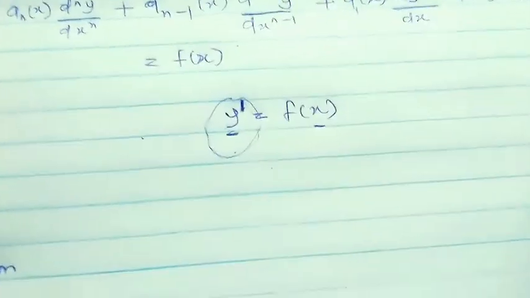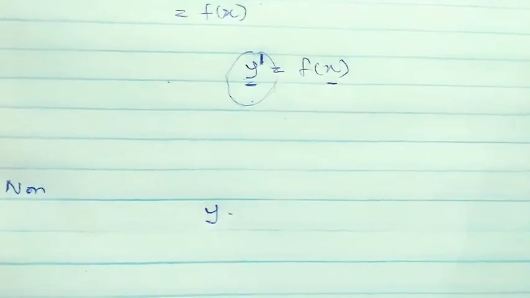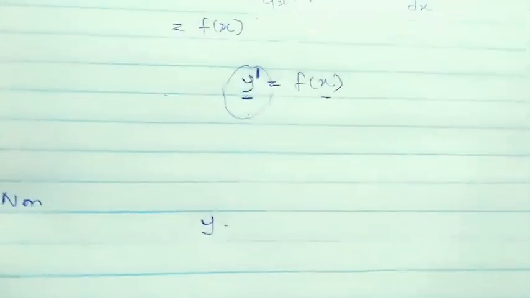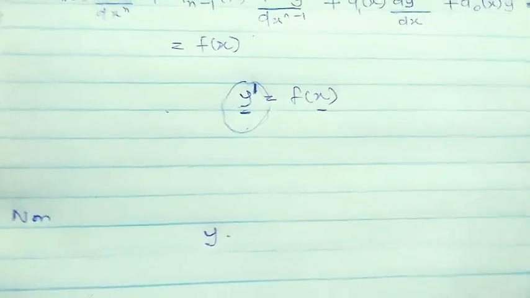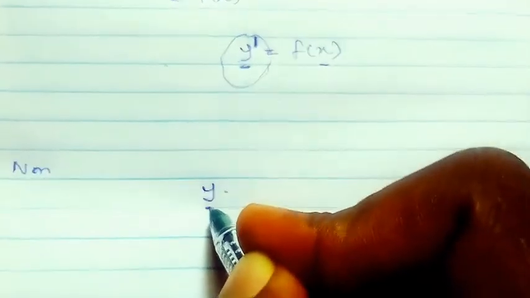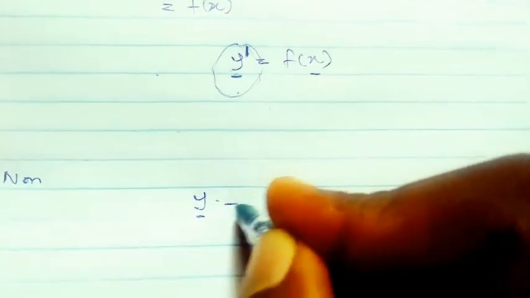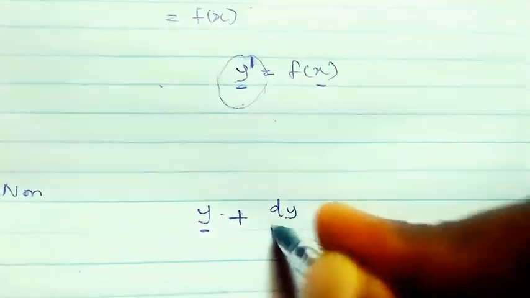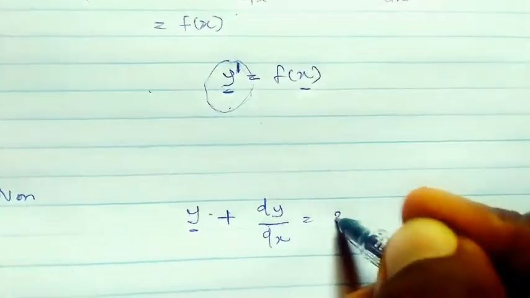So for example, before I explain the general form, a linear differential equation is one in which the dependent variable must be in additive combination. It must be added or combined to the derivative of this differential equation. Let's take for example y plus dy/dx equals 2x.